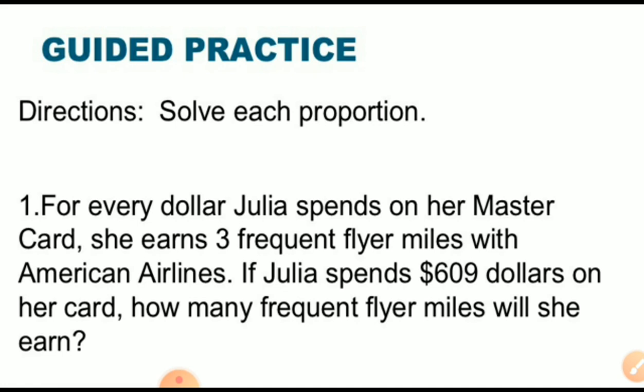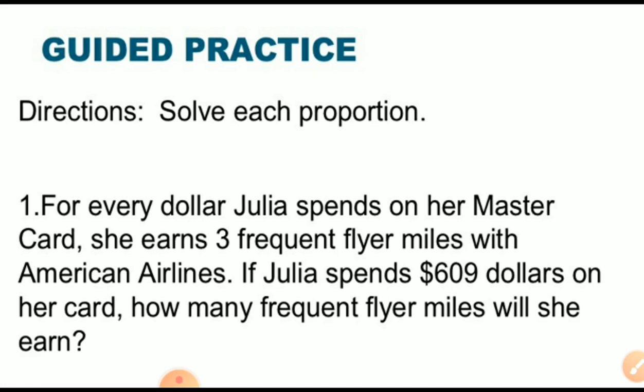Direction: solve each proportion. For every dollar Julia spends on her MasterCard, she earns 3 frequent flyer miles with American Airlines. If Julia spends $609 on her card, how many frequent flyer miles will she earn?